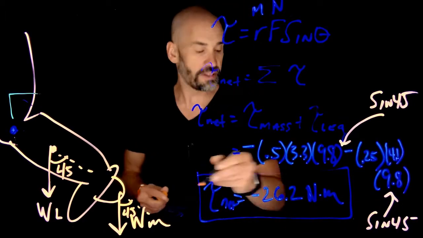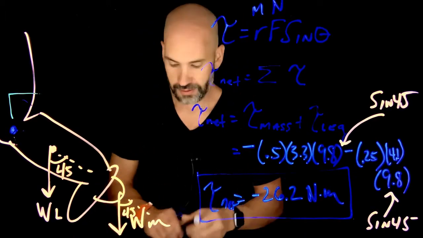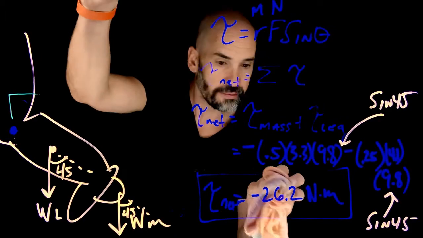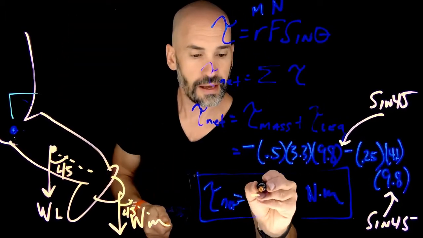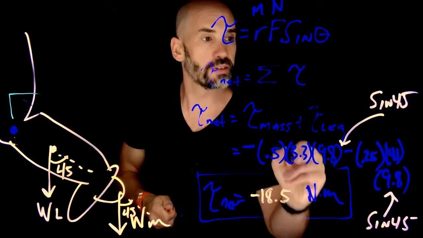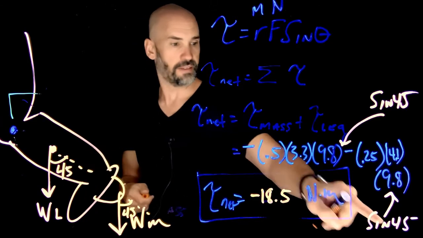And so instead of 26.2, I get 18.5. And I recommend all of you guys double check me on that, multiply that by sine of 45, that by sine of 45.